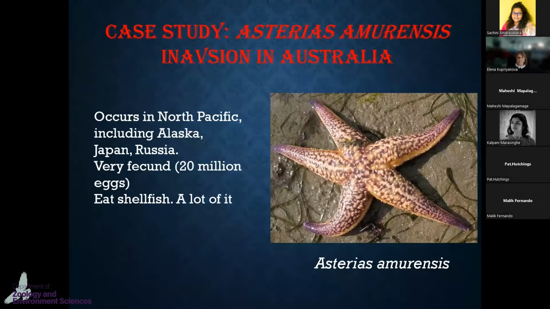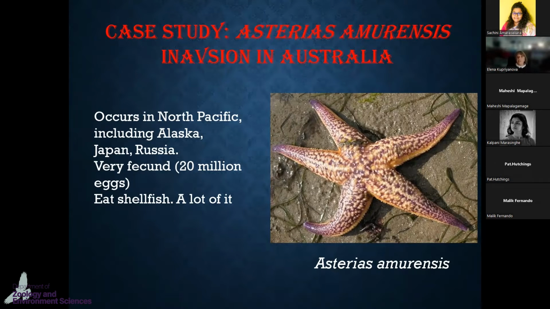So I'll give you a case study of Asterias amurensis and its invasion in Australia. This is a native species from the North Pacific, including Alaska, Japan, and Russia. It's very fecund, so its female can produce about 20 million eggs, and the animals eat shellfish, a lot of it.